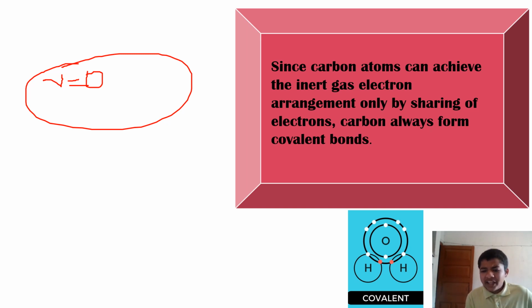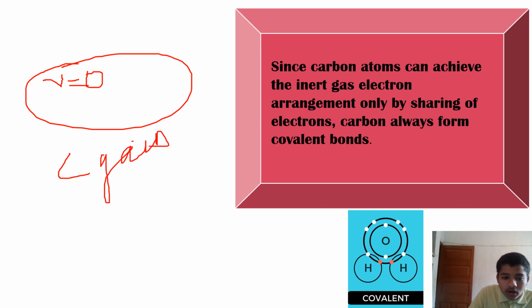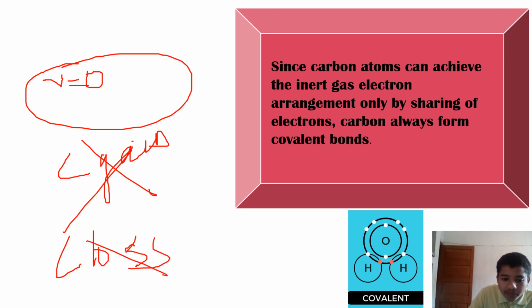So how does carbon actually achieve the inert gas electron arrangement? See, carbon atom can achieve it only by sharing of electrons. Only by sharing of electrons means carbon atom won't gain any electron, and carbon atom won't lose any electron.